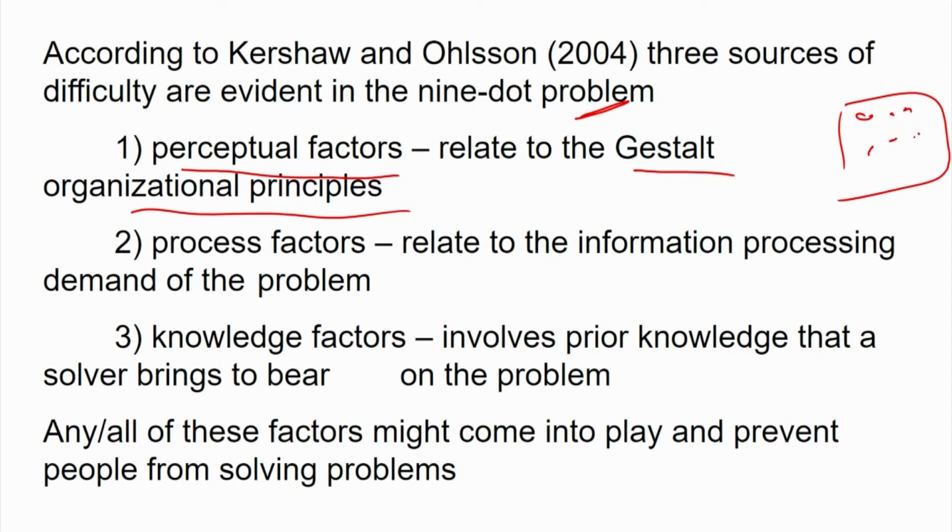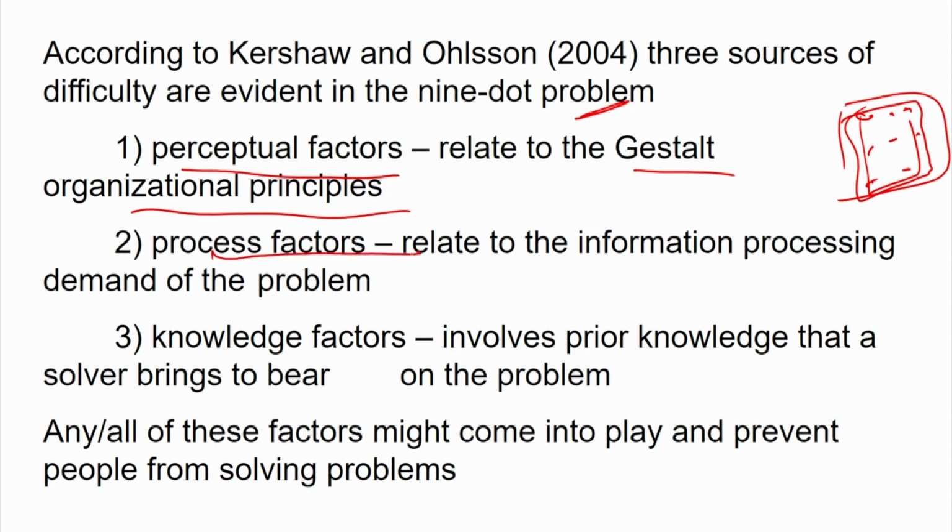These are the dots that I am looking at, and most Gestalt perceptual factors or perceptual organization let you stay within the boundary, and once you stay within the boundary, you will never be able to solve this problem. You have to think in a different manner. You have to break the assumption of the boundary condition that it is a square. The idea that these dots actually form a square, you have to break away from that, and only then can you solve this problem.